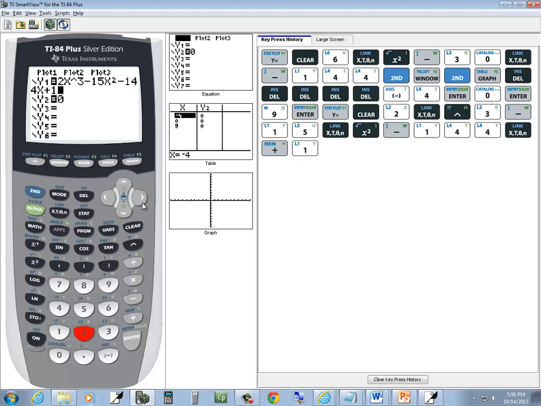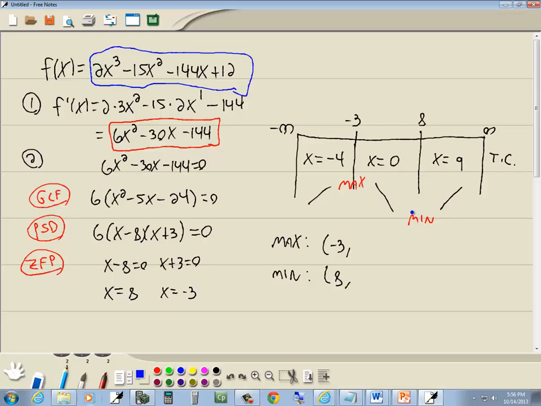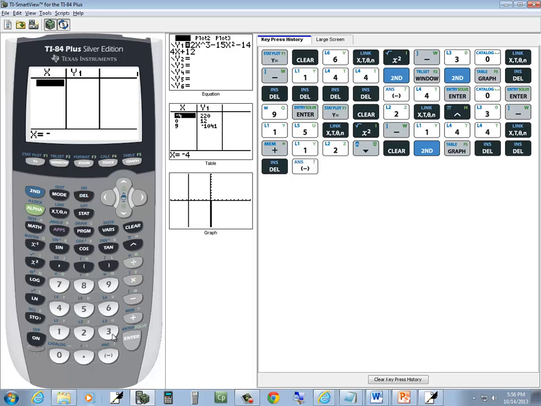And I'm going to go ahead and clear out that 0 on y2, so let me down arrow and press clear on that. Now I'll go back to the table with second graph. Your calculator will stay set up with the independent for ask until you change it. Let me press delete a few times to clean those out, and we want to put in negative 3 and 8. So negative 3, enter, and 8, enter.